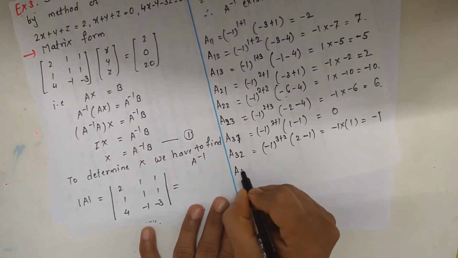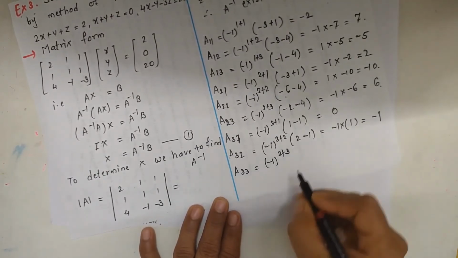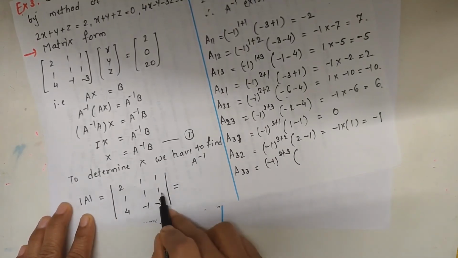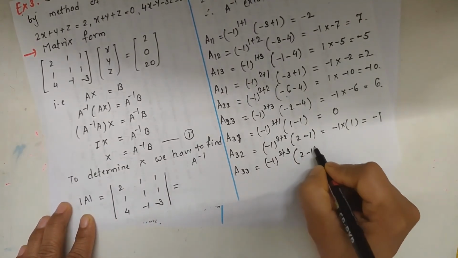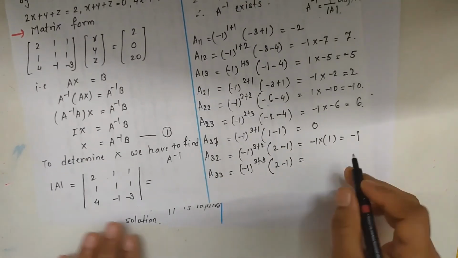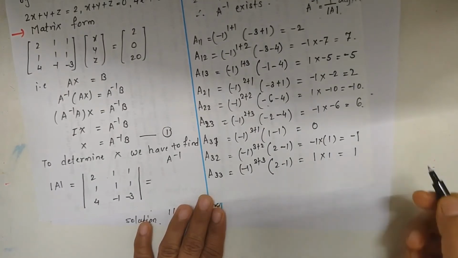Now the last element A33 is equal to minus 1 raised to 3 plus 3, eliminating the third row and third column, then 2 minus 1. Since 3 plus 3 is an even number, the value is 1 into 1, which is equal to 1.